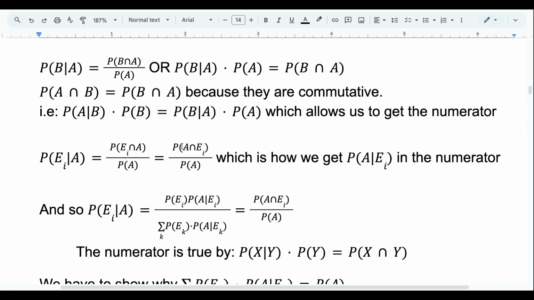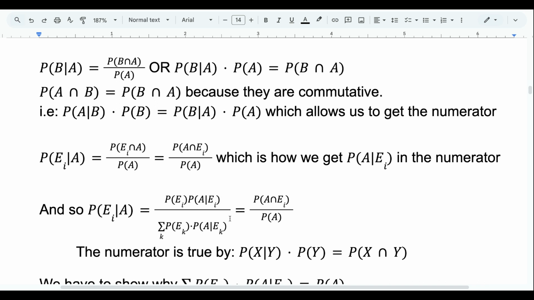And then we can use the commutative law there to turn that around, A and E sub I. So the probability of E sub I given A is equal to probability E sub I times the conditional probability A given E sub I over the sum of those similar terms, probability E sub k times probability A given E sub k.